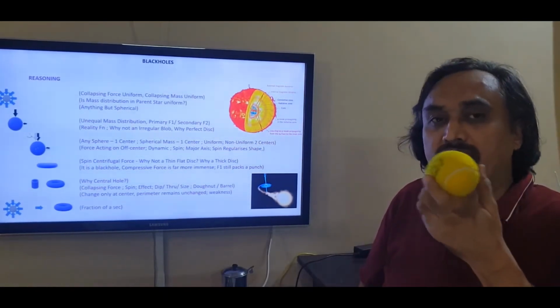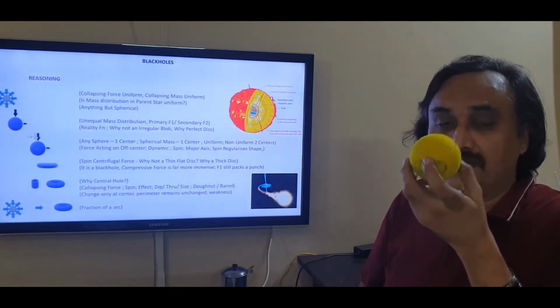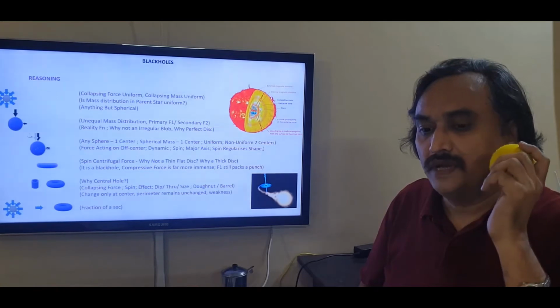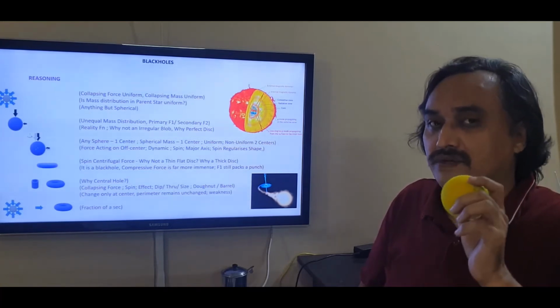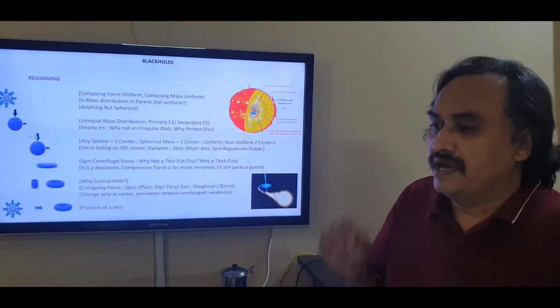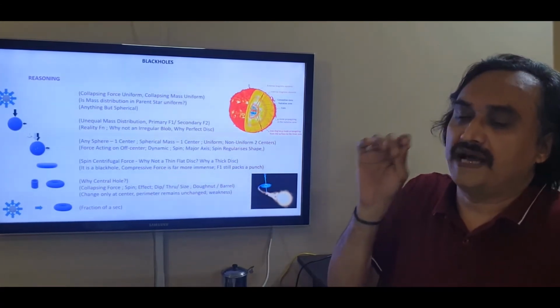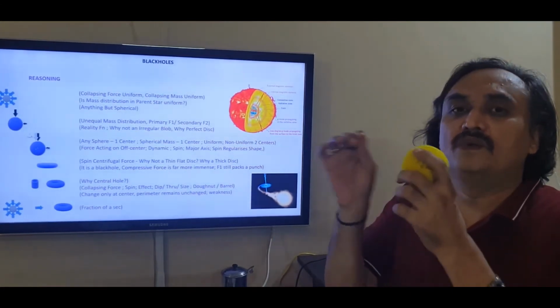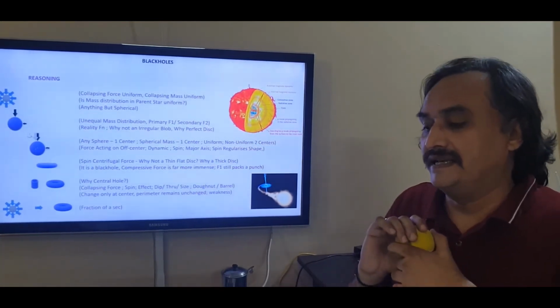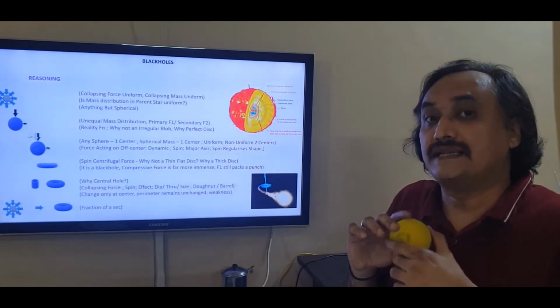If you replace that with a spherical mass, even this also has one center. But there is a condition to that. The precondition is that the mass you are considering should be uniform. Every constituent mass of that spherical shape should be equally spaced, equidistant, and should have the same kind of density.